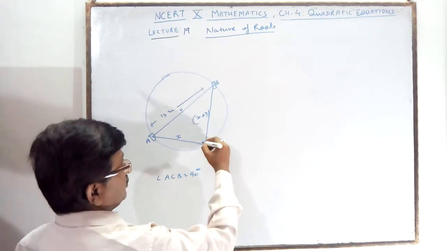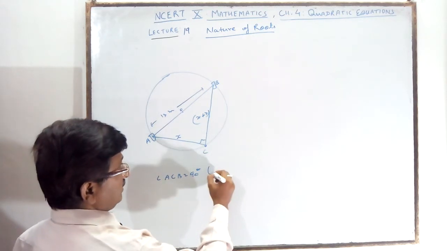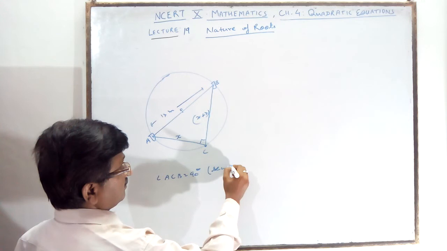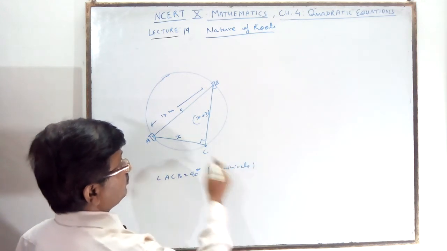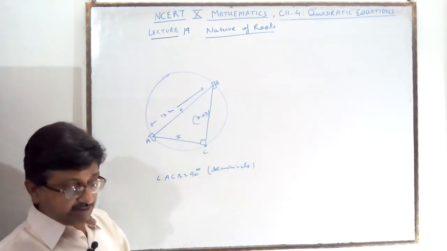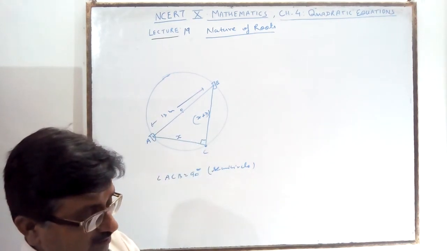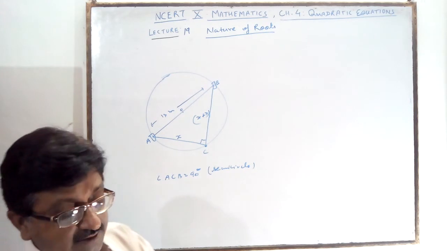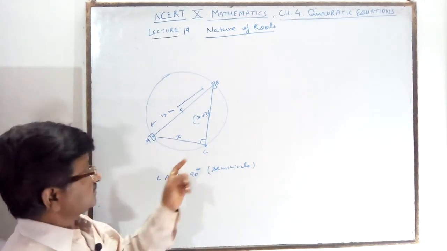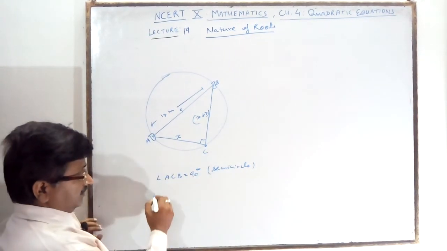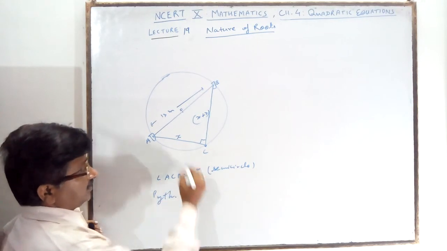Why? Because of angle in a semicircle. Since AB is the diameter, the angle in the semicircle is 90 degrees, and you find at what distance from the two gates the pole is fixed. So apply Pythagoras.